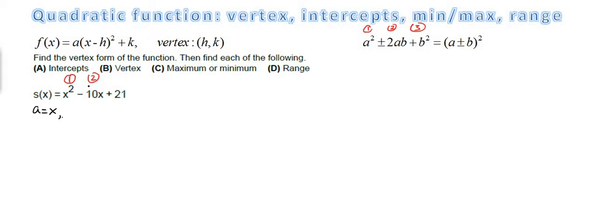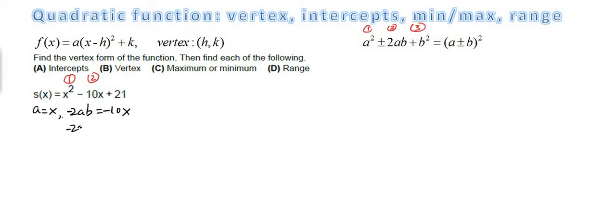And we compare the second term. Here's negative 10x, and here's 2ab, and it should be negative 2ab, because here's a negative. So we can use negative 2ab equals negative 10x. From this expression we can find b. How to find it?